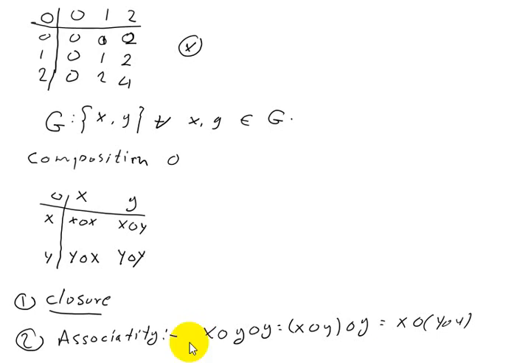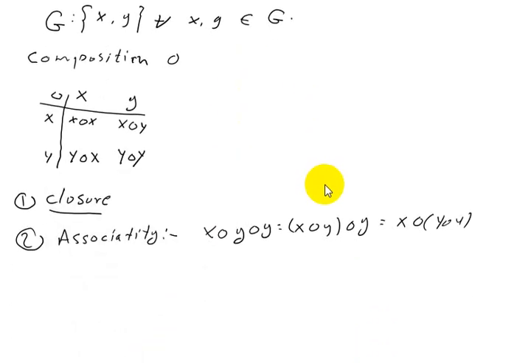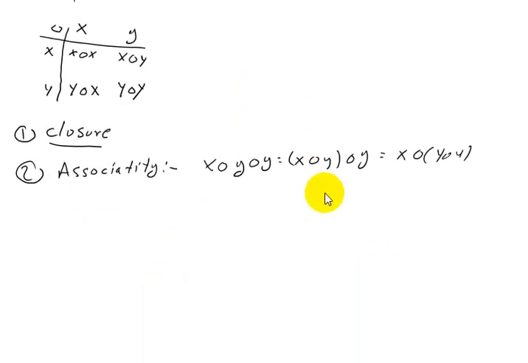Okay, to clarify this, we take a group that has two elements, x and y. Now what is the set of permutations for two elements x and y? We have two sets. This is the first set: x goes to x and y goes to y.